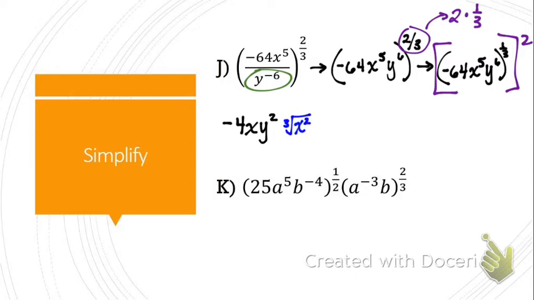Do you guys agree that this is the same as what I have inside the purple brackets? Okay. So I still have these purple brackets here, and this is all going to get squared. So I have to square each piece here. Negative 4 squared would give me 16.